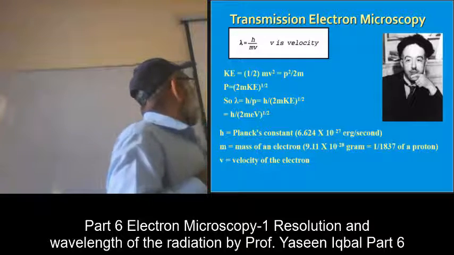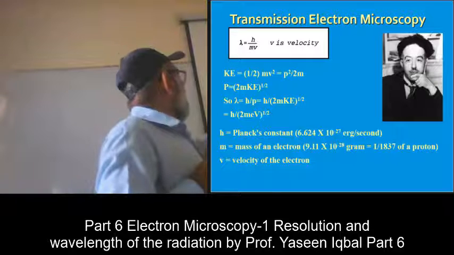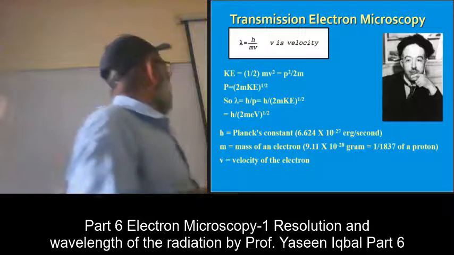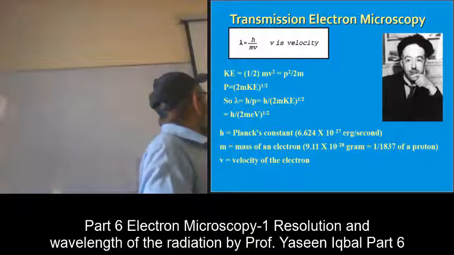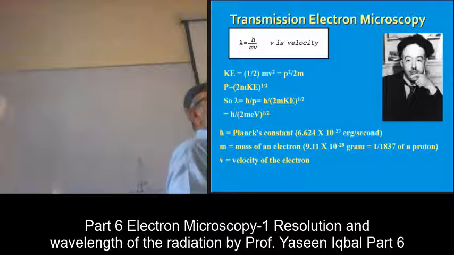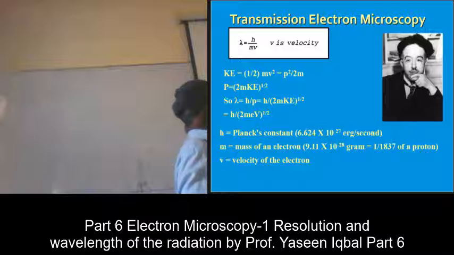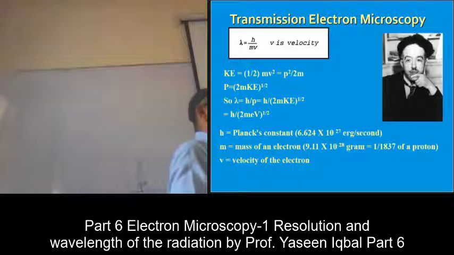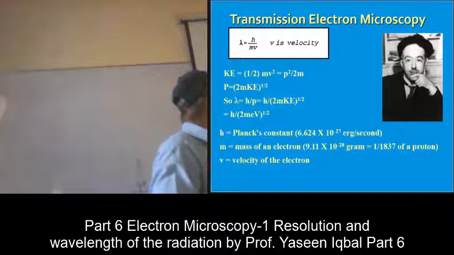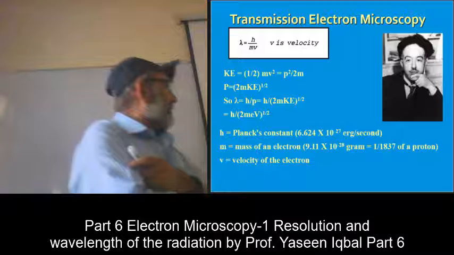Then lambda is equal to h over p, which is equal to h over the square root of 2 m KE. In electron microscopy, KE is in MeV, right? So you have the square root of 2 m eV. h is Planck's constant, m is mass of the electron, and v is velocity of the electron.